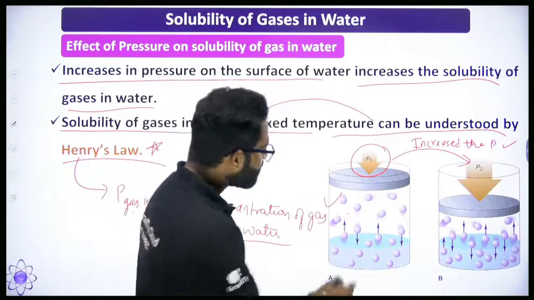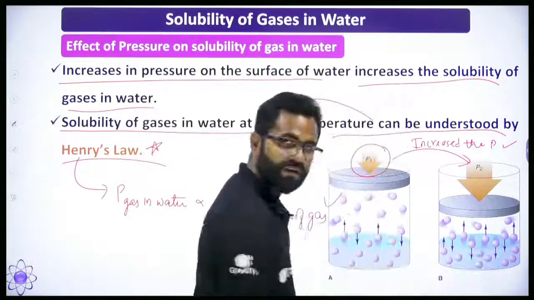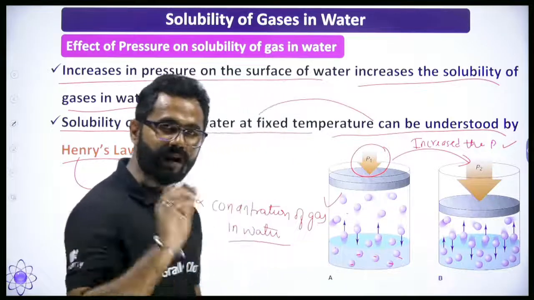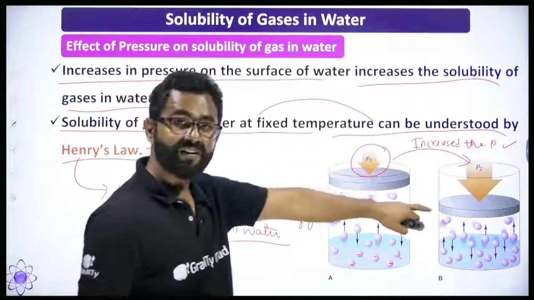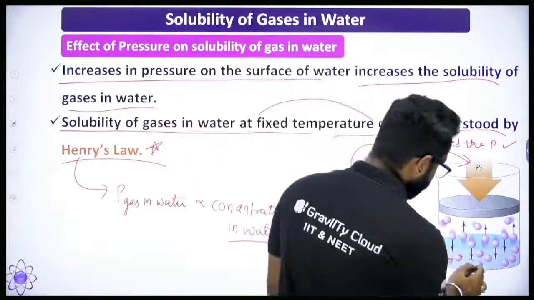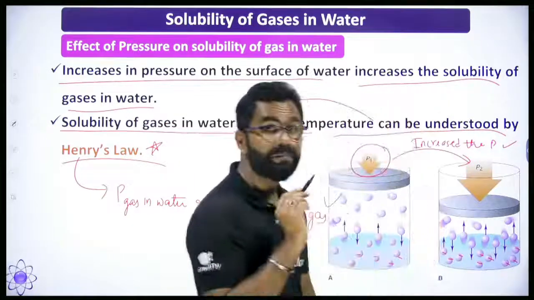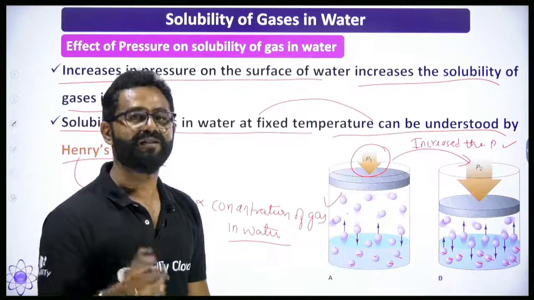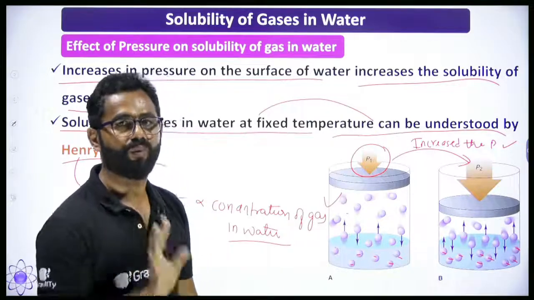You see these gas particles, they are more soluble in water. Right now how many? 1, 2, 3, 4, 5, 6. 6 particles are soluble in water. On increasing the pressure, 1, 2, 3, 4, 5, 6, 7, 8, 9. 9 particles are soluble in water. So increasing the pressure increases the solubility of gas in water.